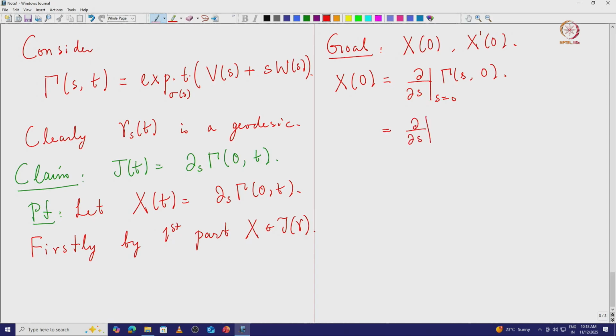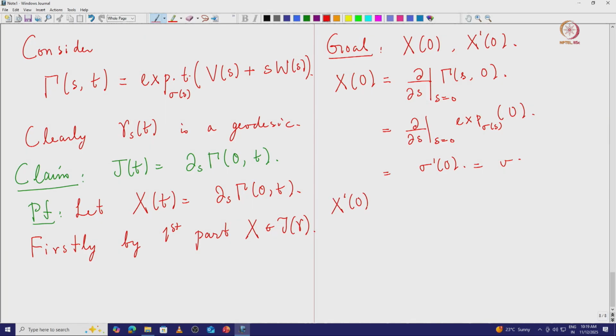When you put t equal to 0, that is just going to be the exponential of sigma of s of 0, but the exponential map takes 0 to sigma of s. So this is just going to be the velocity vector of sigma at 0, which is V. So capital X of 0 is V.